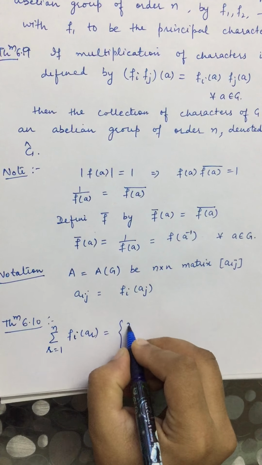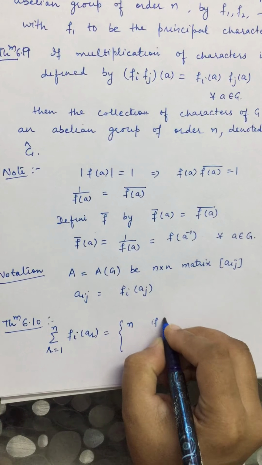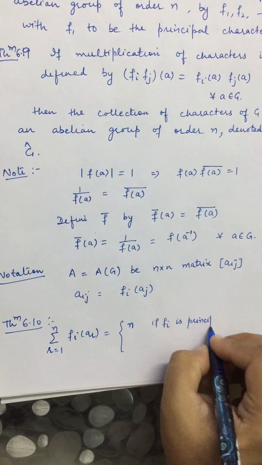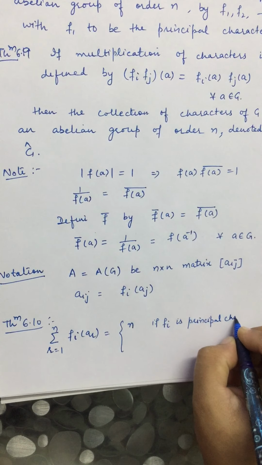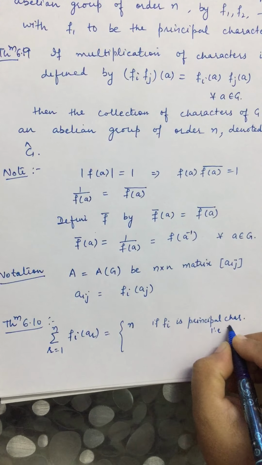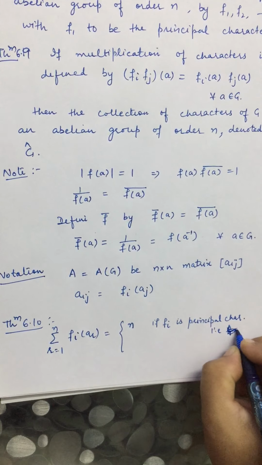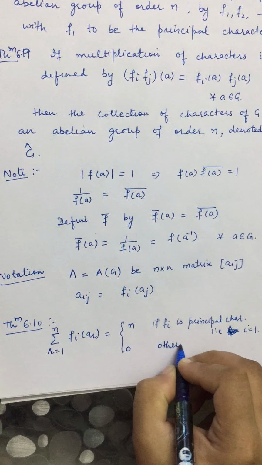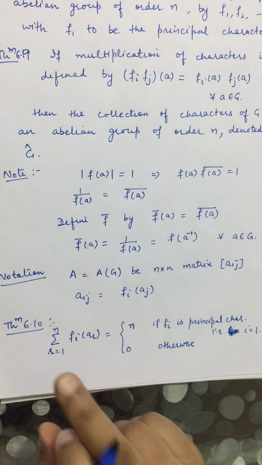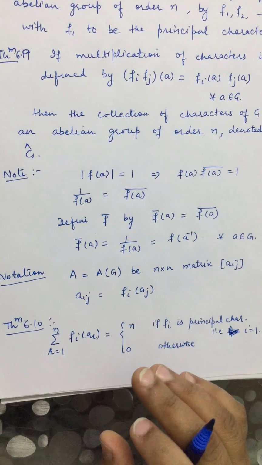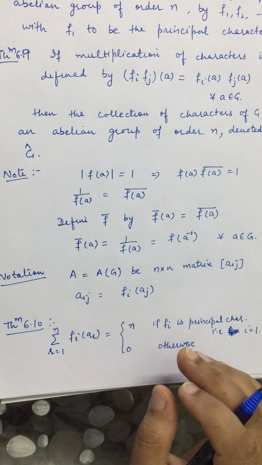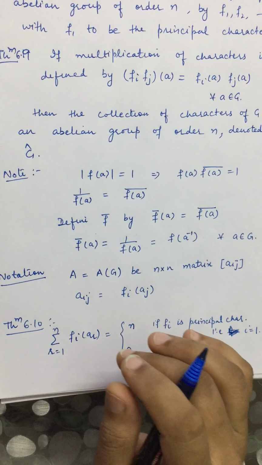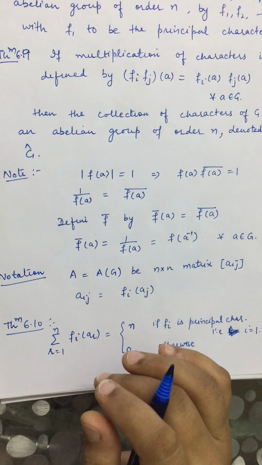This will be equal to n if fi is the principal character, which means if i is 1, because we have assumed f1 is the principal character. So that is i equal to 1, and otherwise it is 0. So this theorem basically says that the sum of all the entries in the first row, which corresponds to the principal character, is n, and for all other rows, the sum is 0.